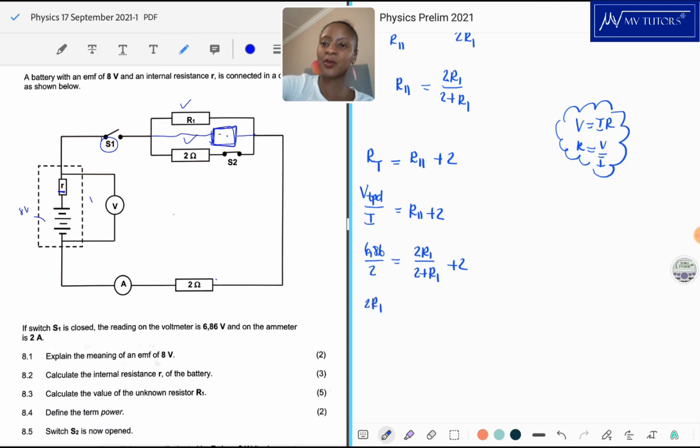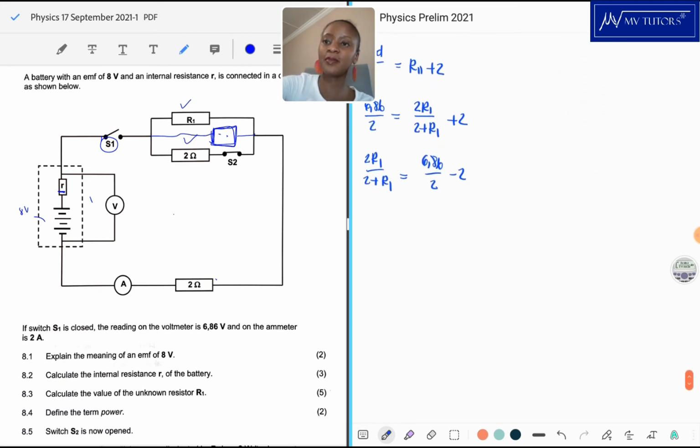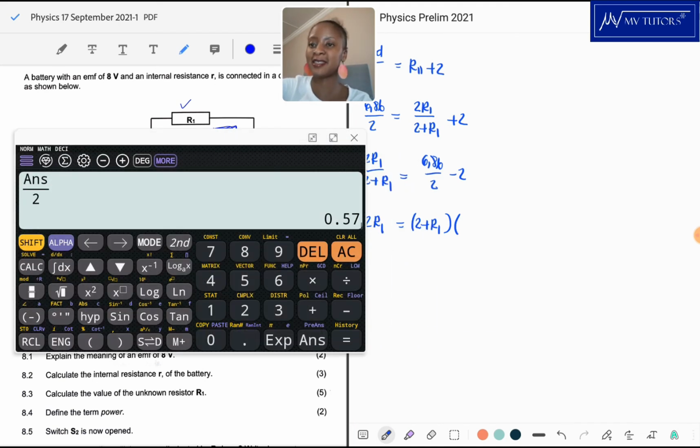Okay, so 2R1 over 2 plus R1 is going to be 6,86 over 2 minus 2. And then we're going to take 2 plus R1 and multiply by whatever value that is. So we have 6,86 all over 2 minus 2, and that gives us 1,43.